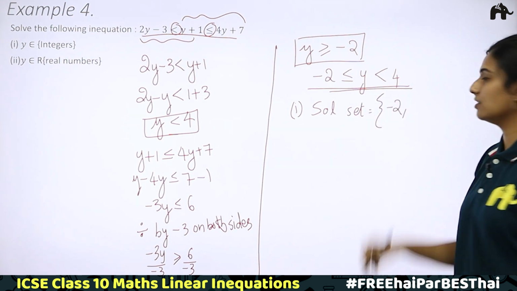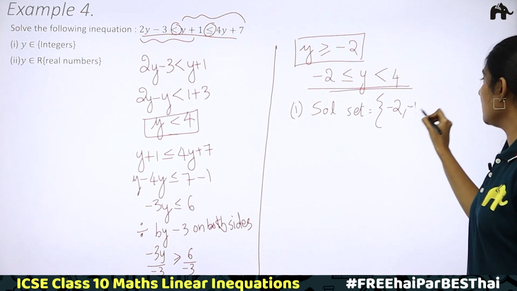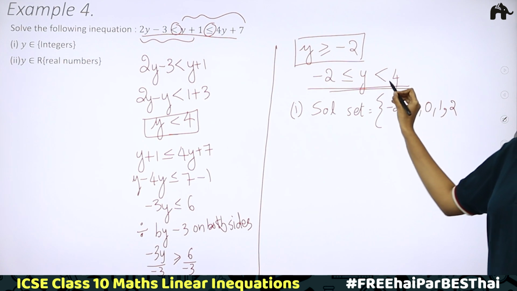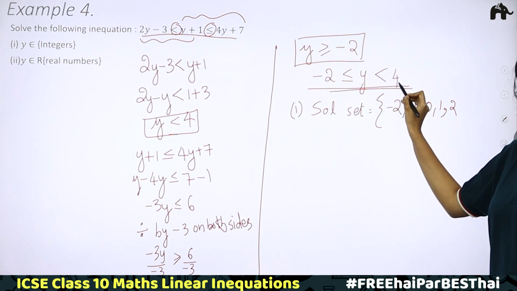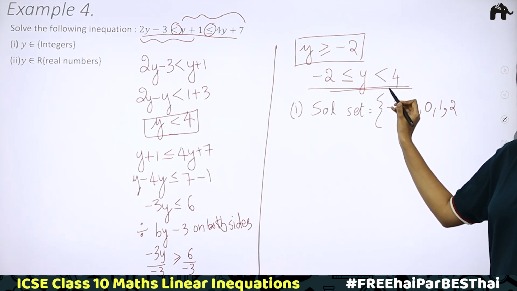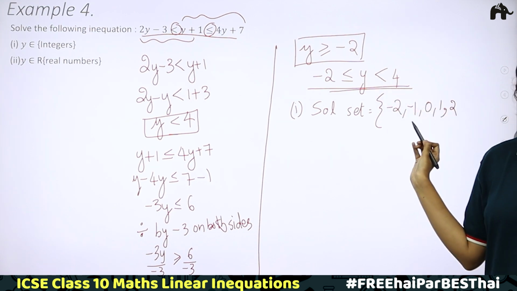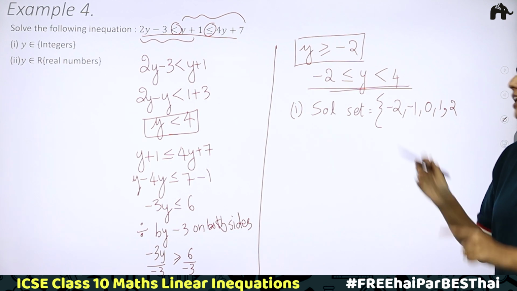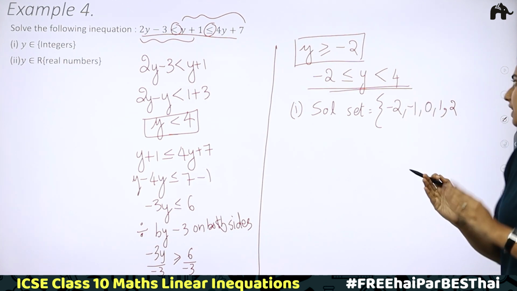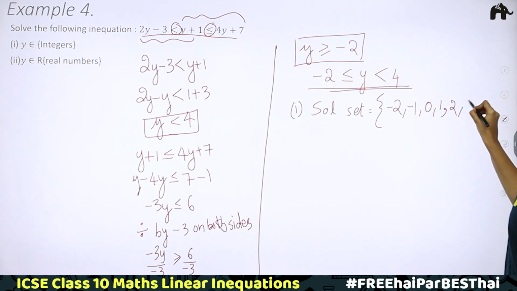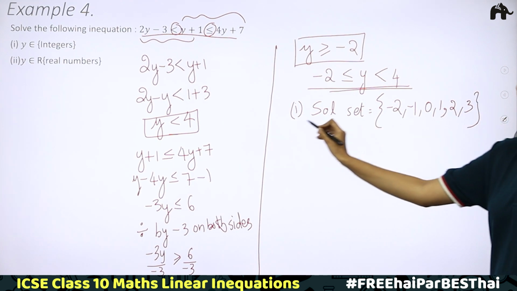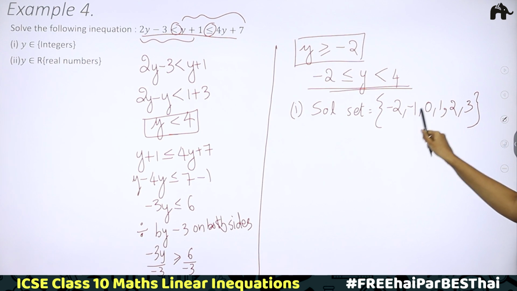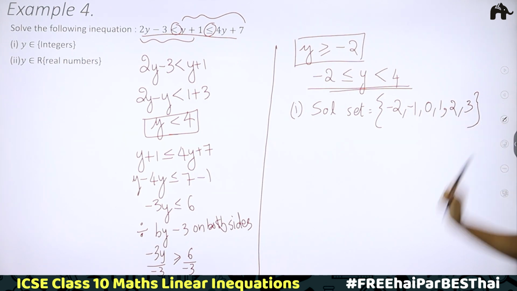Minus 2, then minus 1, 0, 1, 2, till where? Till 4. Can we include 4? No, because here there is no equality. Up to the integer just before 4 we have to include, that is 3. This is the answer for the first question.